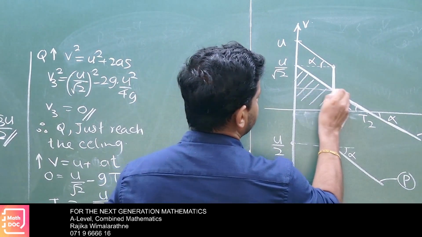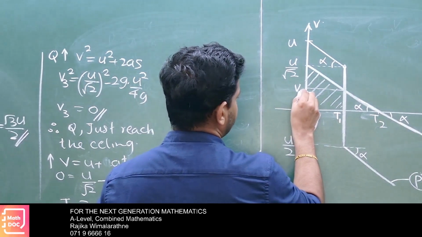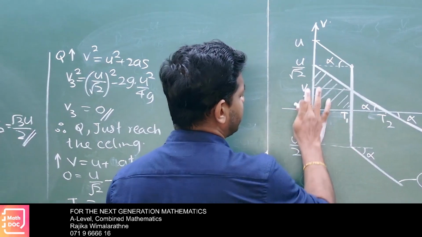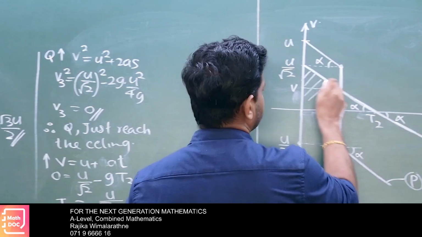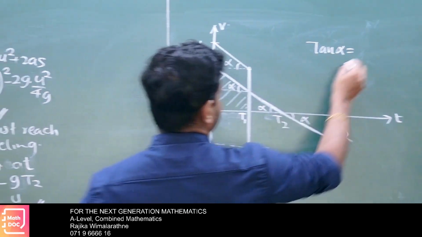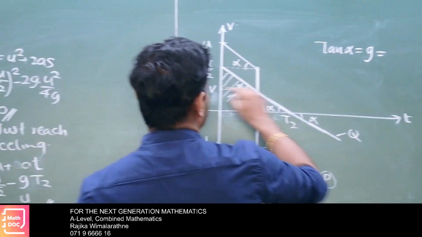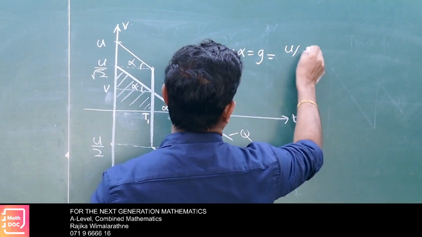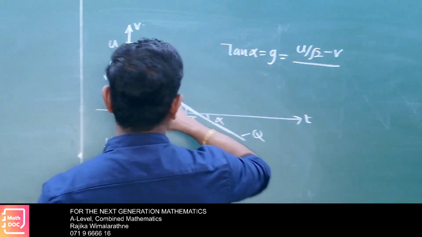You mark here velocity v. Let's mark v, then here alpha. Tan alpha equals g, which is U over root 2 minus v, divided by the time t1.